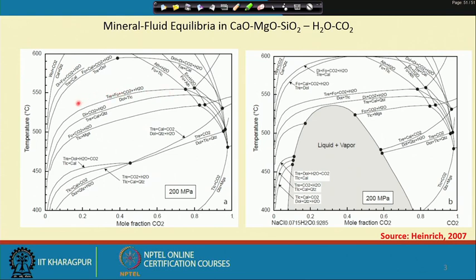So, this reaction topology, this reaction boundary, will very much depend on the composition of the fluid in terms of mole fraction of carbon dioxide and water. Not only that, the reaction boundary will very much depend on the accurate calculation of the fugacity coefficient of both water and carbon dioxide, which needs a very concrete formulation on the PVTX relationships, and that is how it is related.